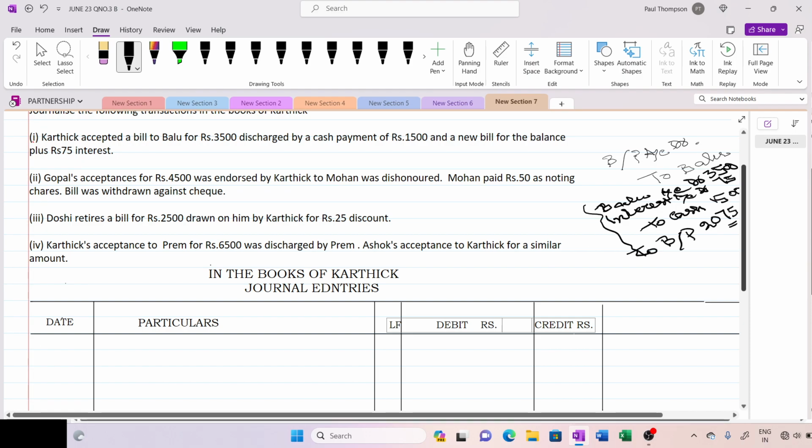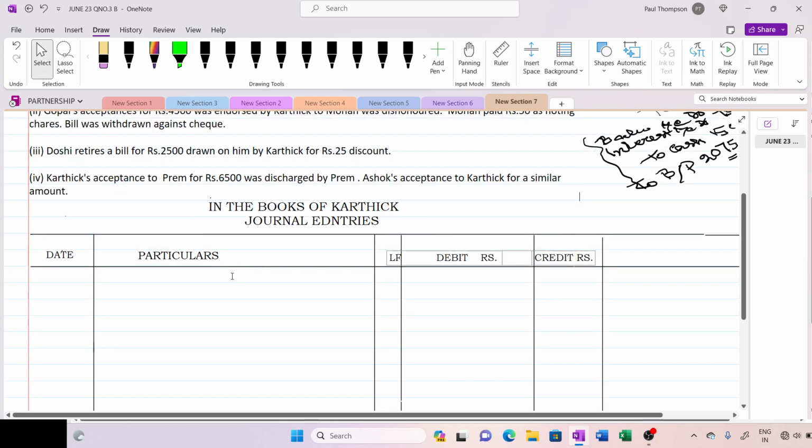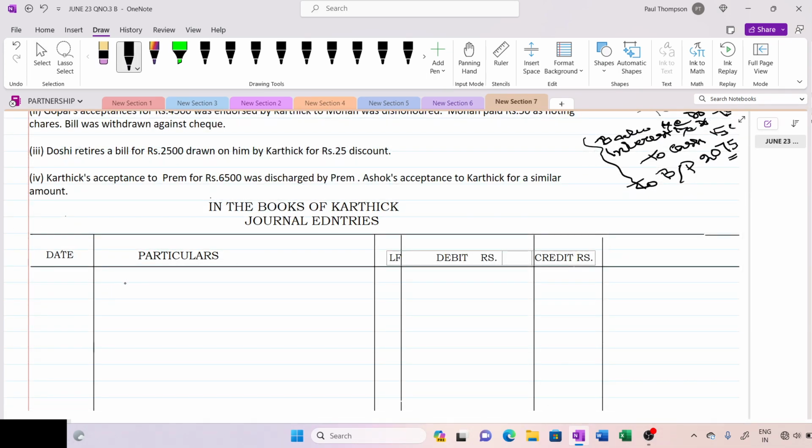See how I am going to make a combined entry here. Instead of debiting Balu account, dishonoring and all that, we can straight away debit the bills payable account. Bills payable account will get debited. I am making a combined entry. You can make separate entries also. So for 3,500, Karthik is making a payment of cash.